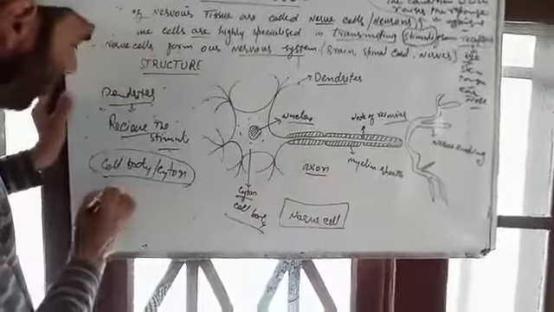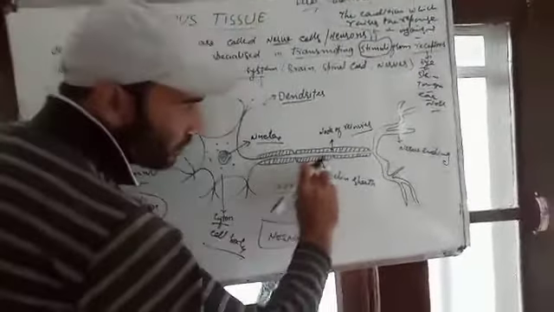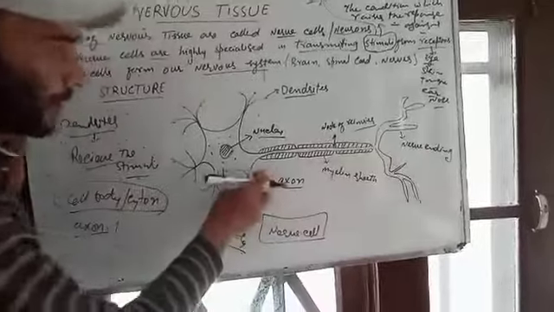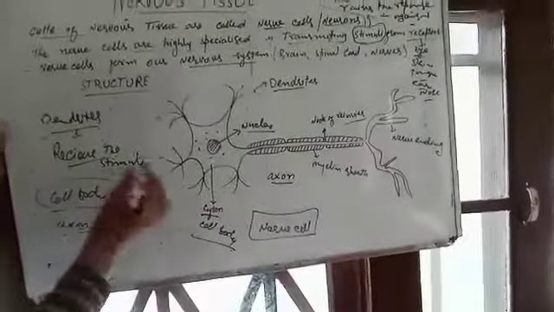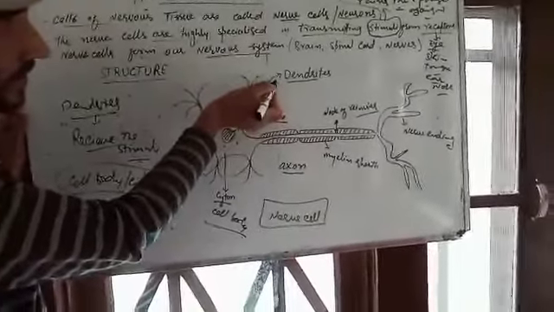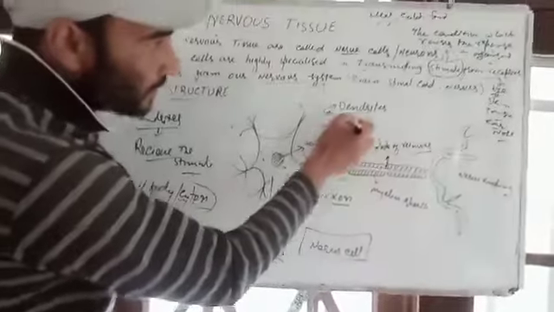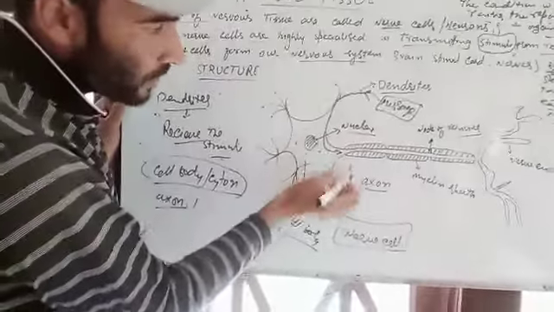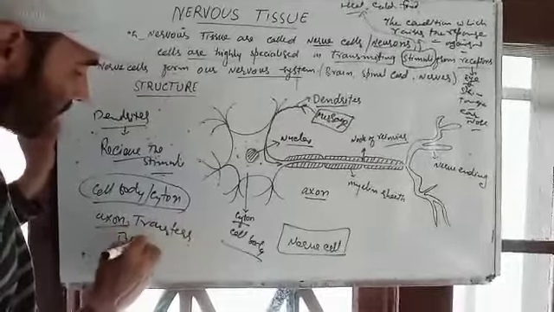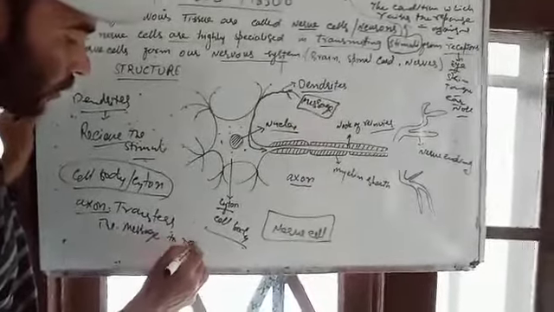Now the axon. What is the function of the axon? The axon is a long thread-like structure starting from the cyton, or cell body. The message received by these dendrites is then transferred to the axon, and the axon transfers the message to the nerve ending.